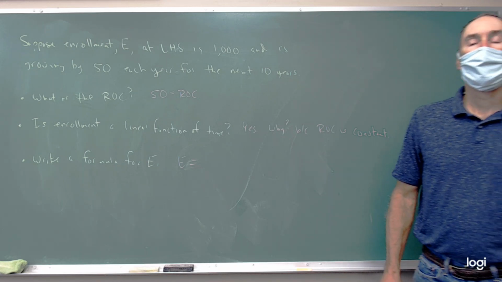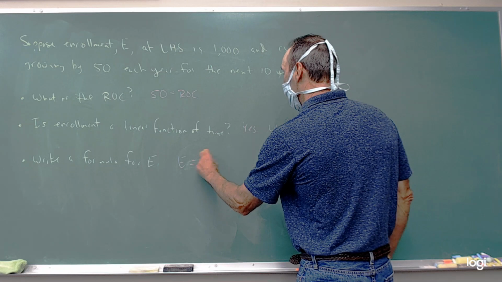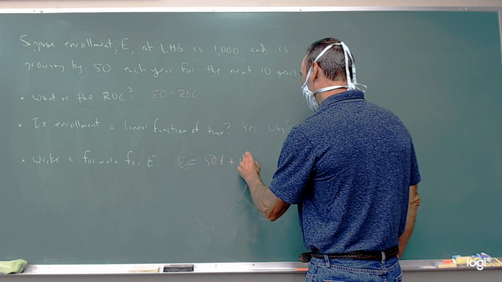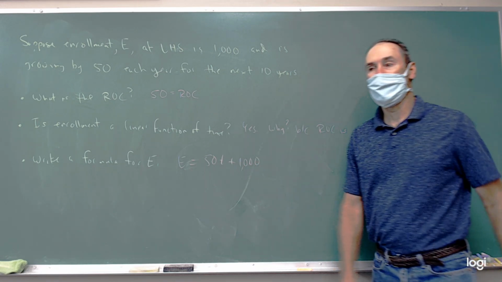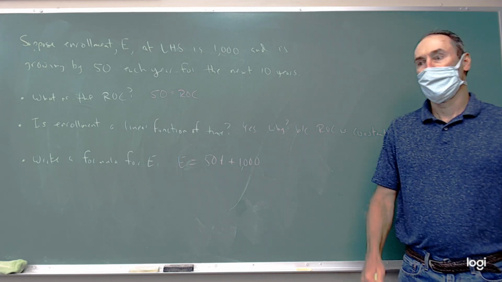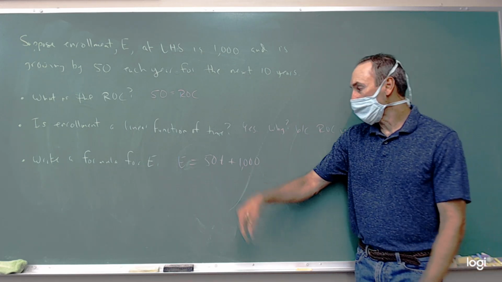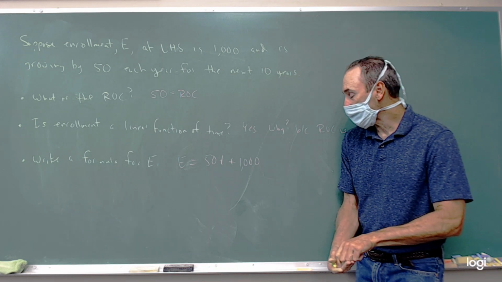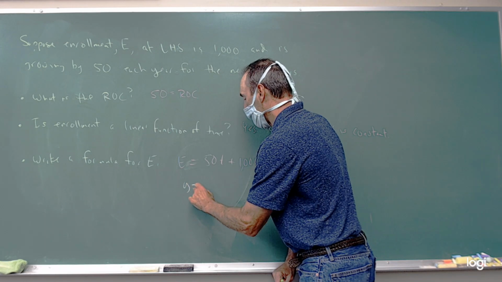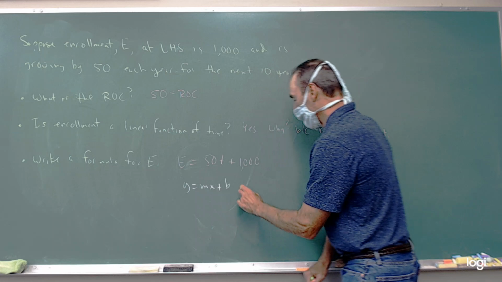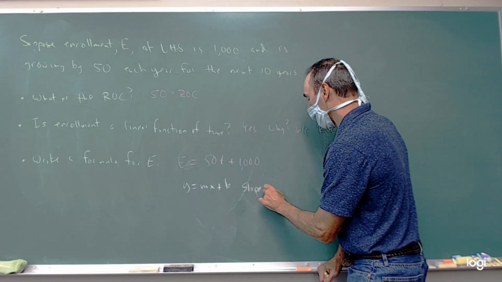E equals 50t plus 1,000. 50t plus 1,000. What do you think? Agreement? Thumbs up, thumbs down? Yeah, very good. And so we didn't really say this, but I am playing on something you know. The y equals mx plus b. That's slope-intercept form of a line.